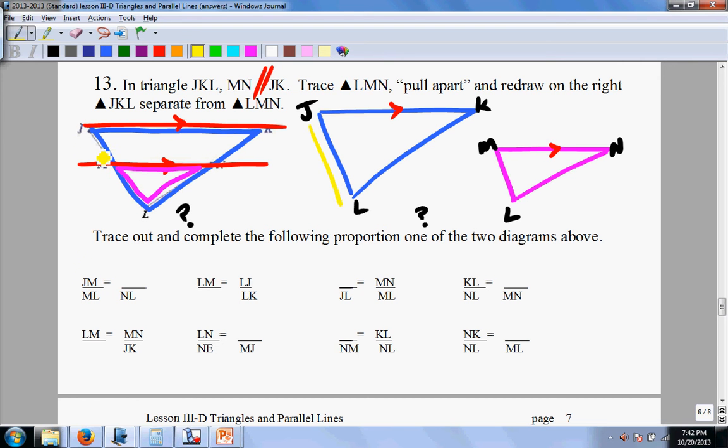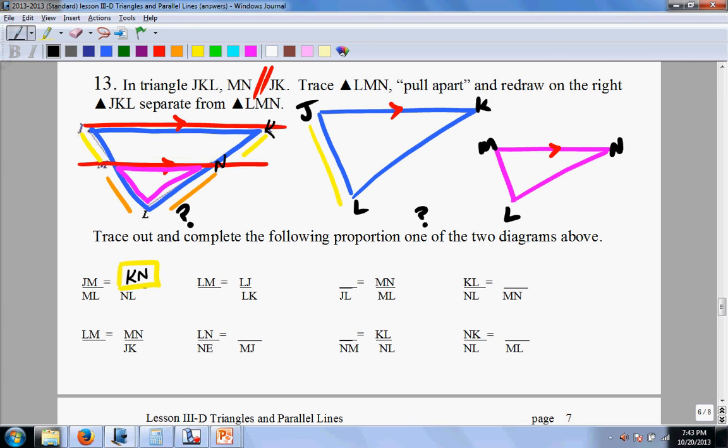There is a JM here on the left, so I'm going to trace with this. JM over ML is something over NL. So my something here is going to be KN. So sometimes you use the left, sometimes you use the right, depending on what you are tracing.